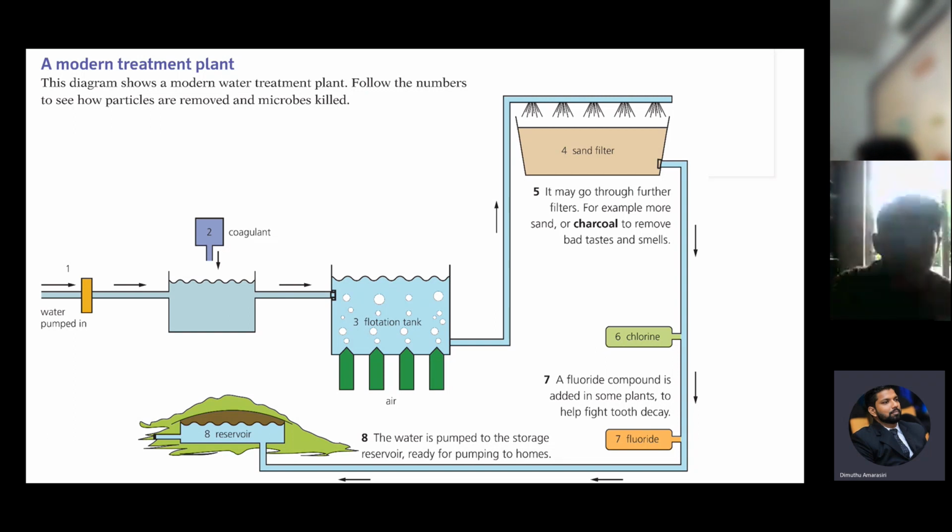Flotation is an extra step, but you can write that it's also removing floc, which is floating. Seventh, adding fluoride ions. That is for the health of our dental health.